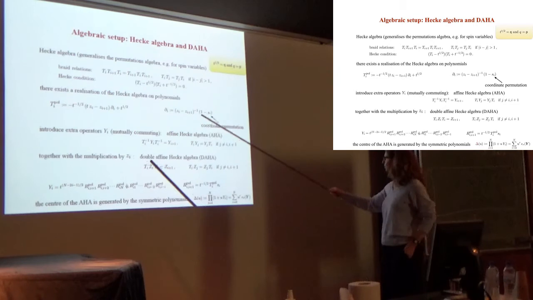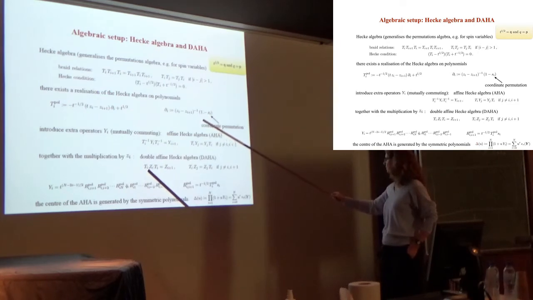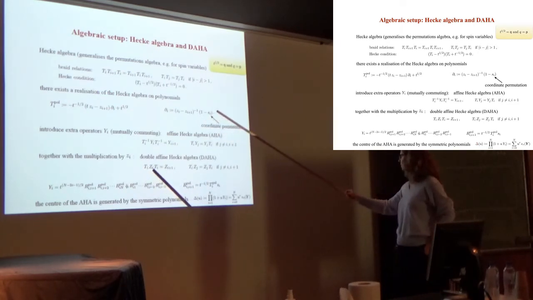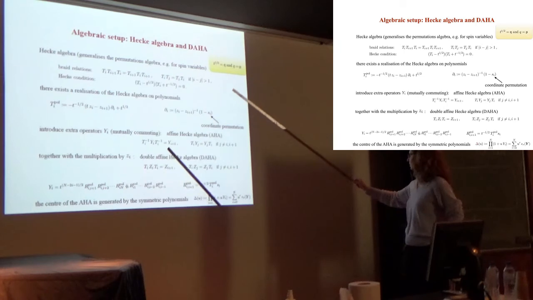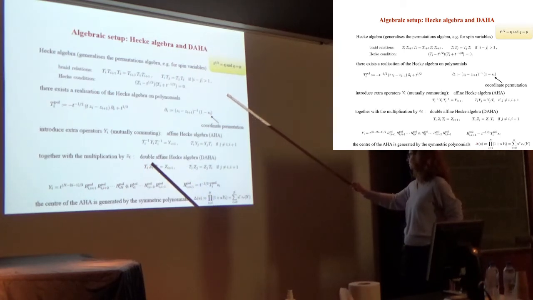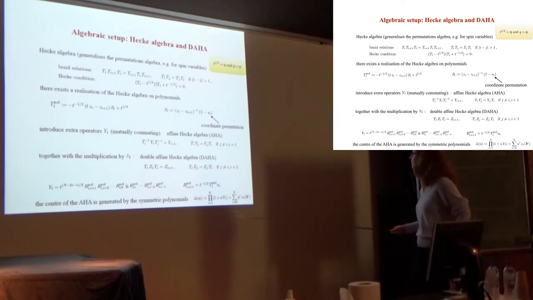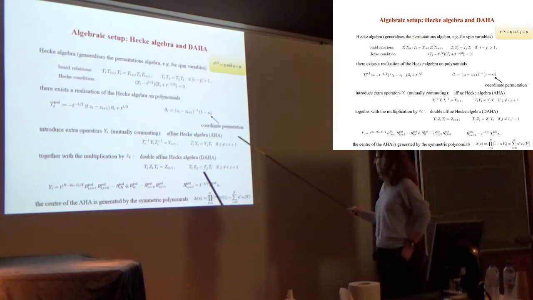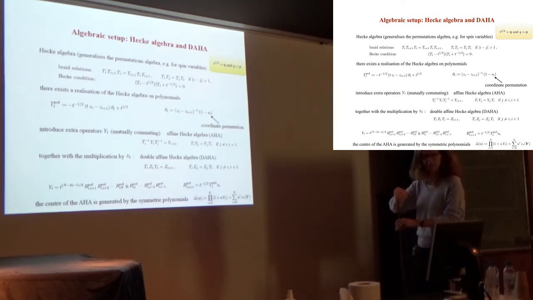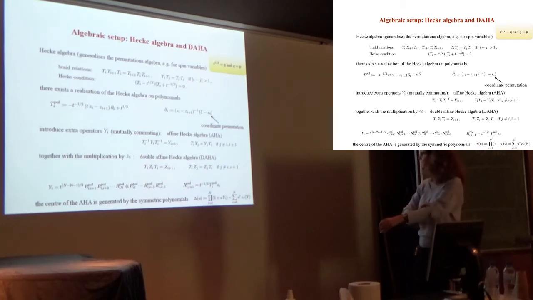And also there is some relationship with the action on the coordinates themselves, which is similar. If you would have z minus 1, it will be the same as here. So these objects together realize what is called double affine Hecke algebra.